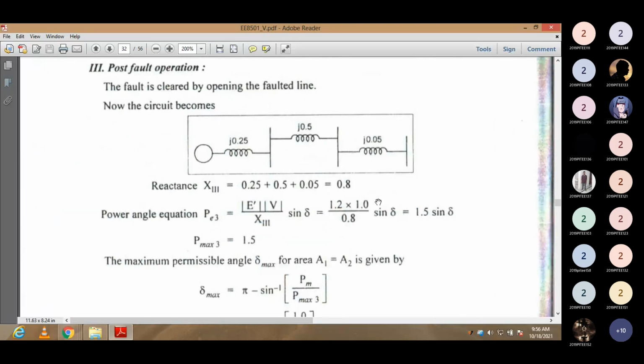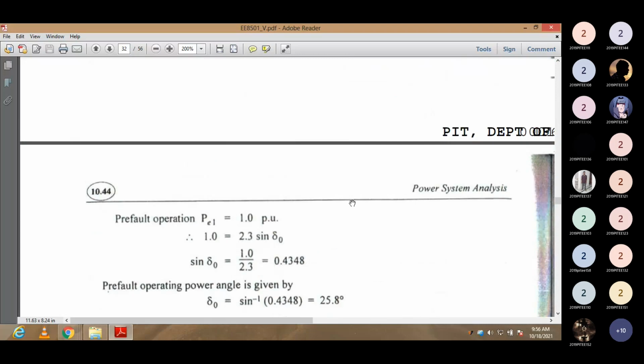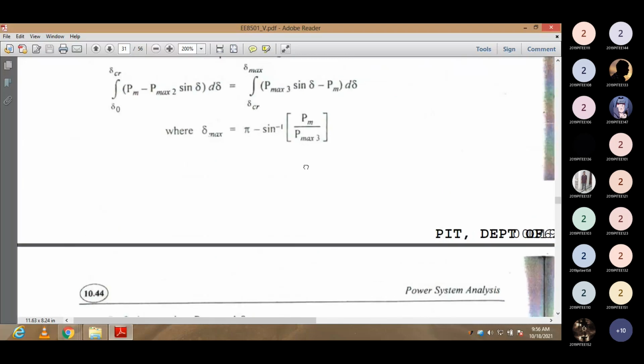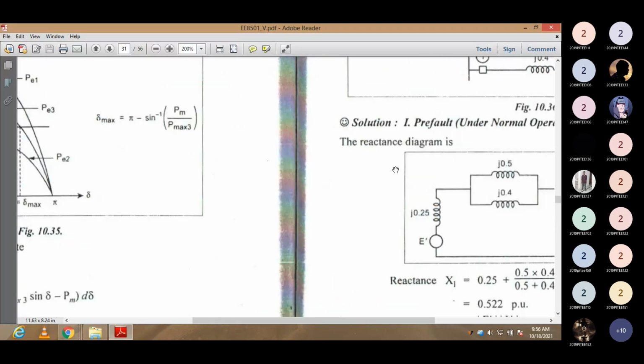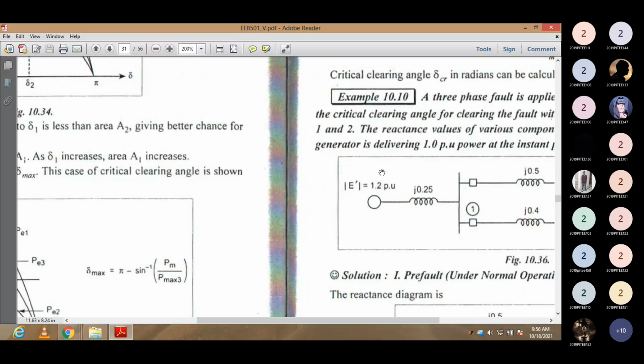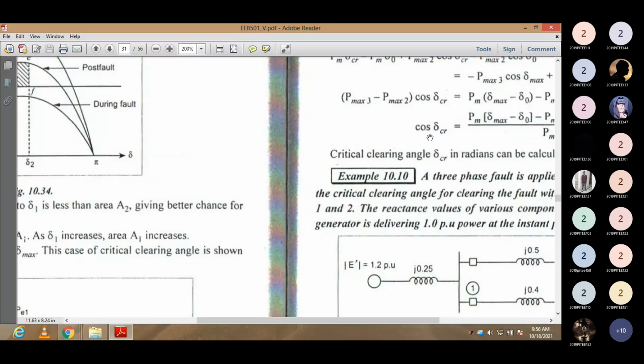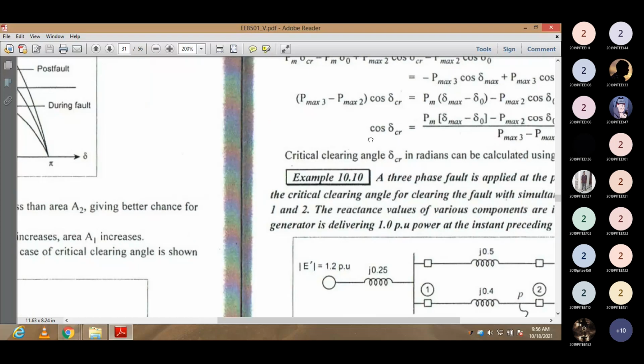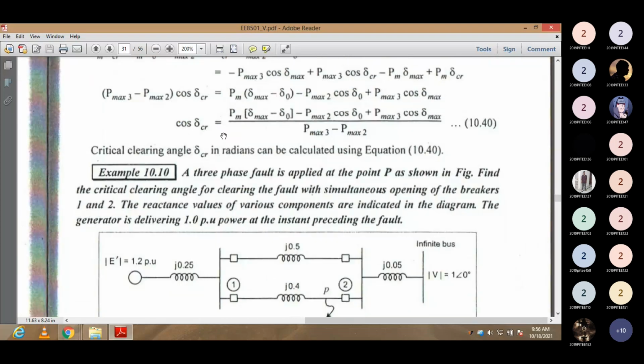We have a direct relation also. For those who say they cannot solve area 1 and area 2 and find it difficult, you have another option, but you have to remember the equation. So this is the equation. Directly we can substitute the values in it. The derivation is not needed for us, so I will show only the final result. Cos del CR equals PM into del max minus del naught, minus P max 2 cos del naught, plus P max 3 cos del max, divided by P max 3 minus P max 2.